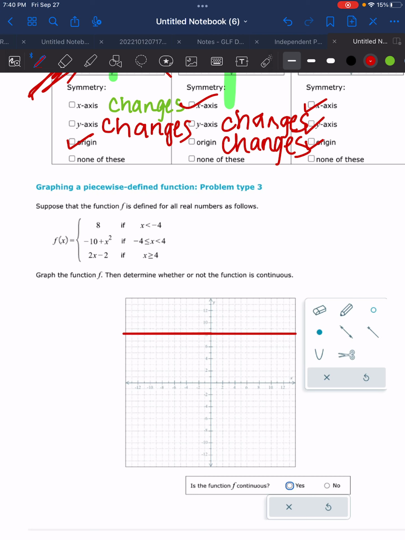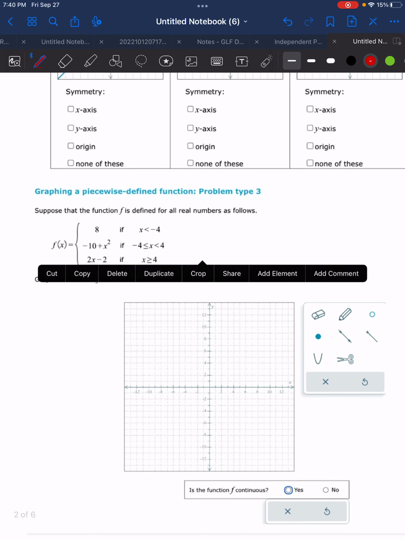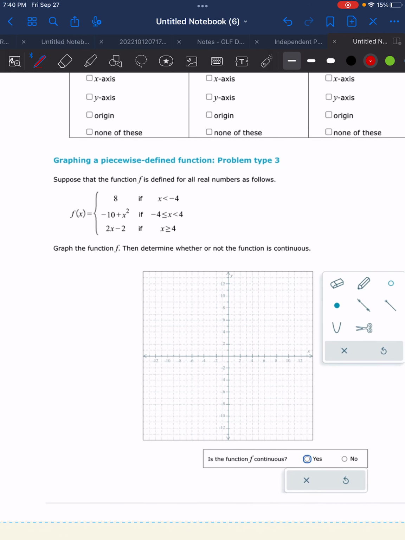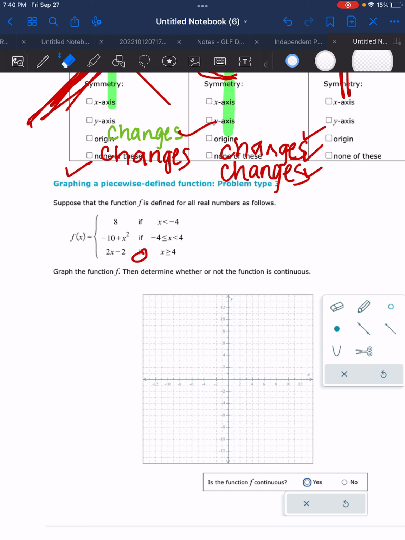However, there are some restrictions. It says that your x values have to be less than -4. So here's -4. Sorry, let me go back and fix that for y'all. Here we go. Here's 8.